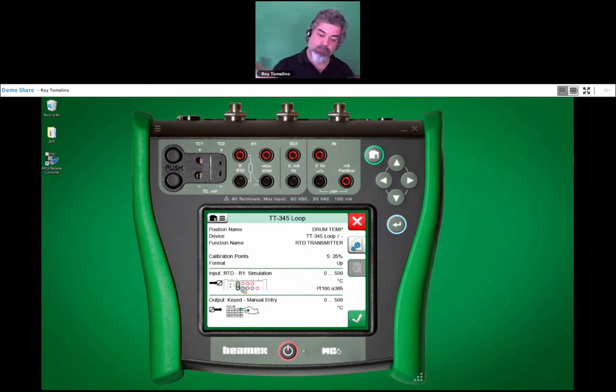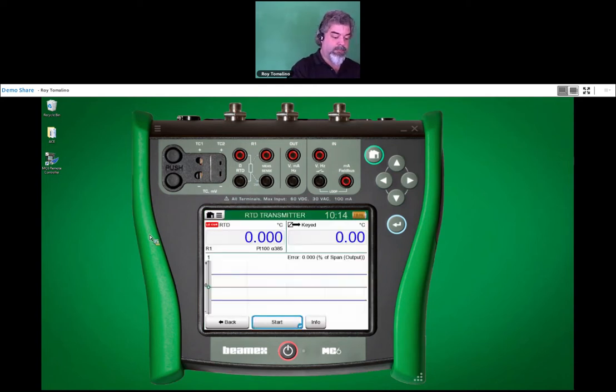You know what? I need to connect my power to the transmitter. I'm going to go red to positive and black to negative, if that's okay with you all.